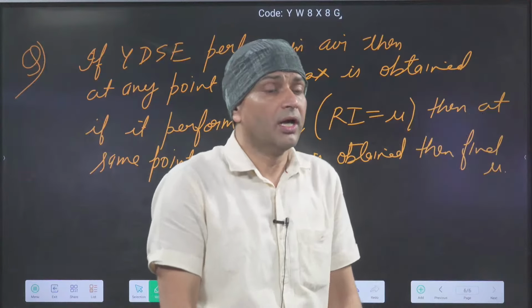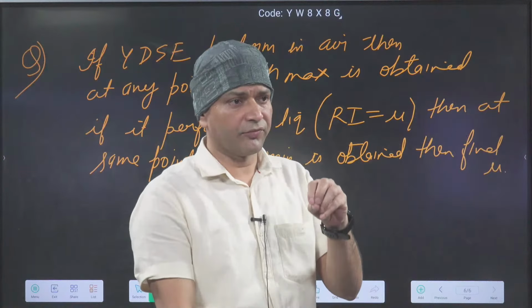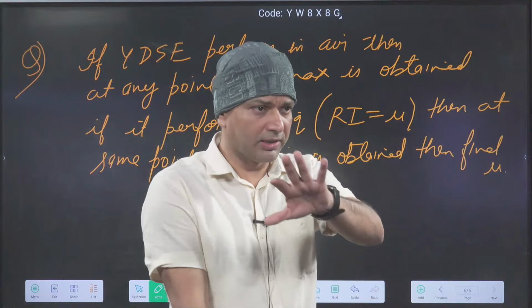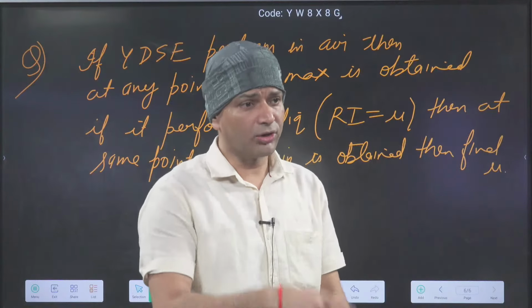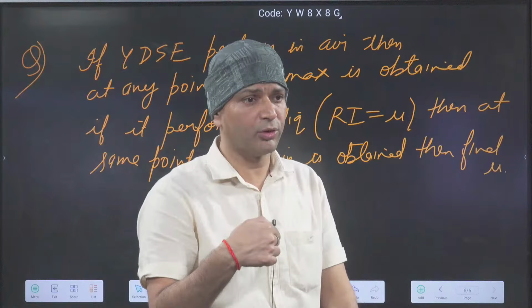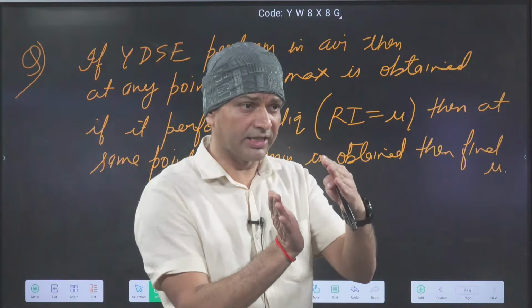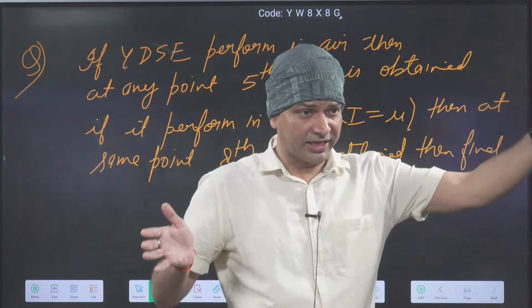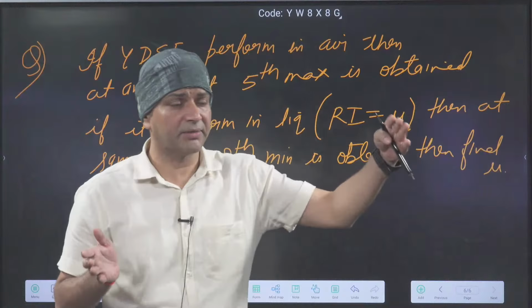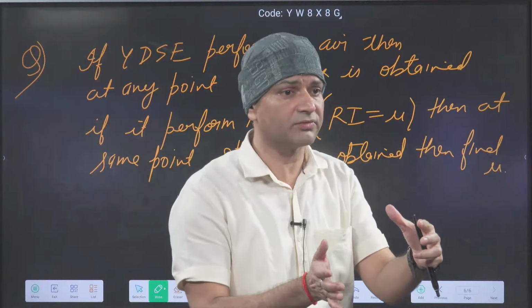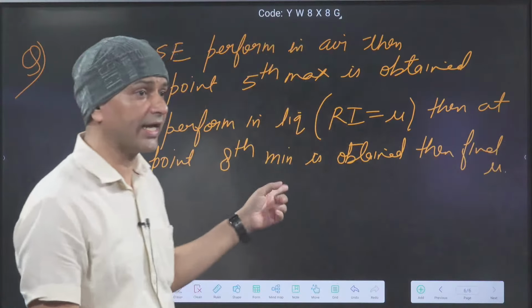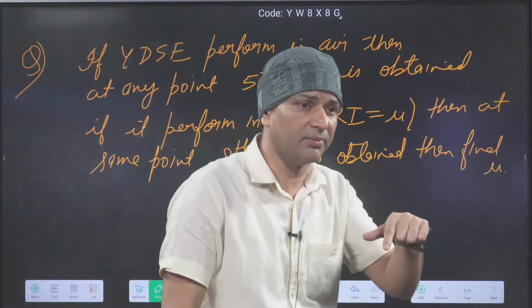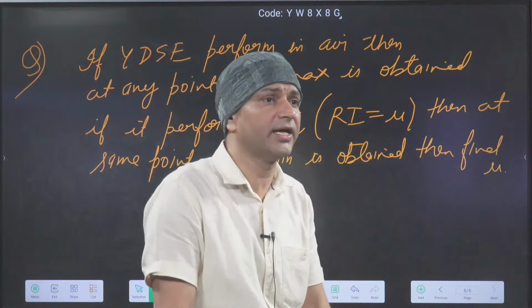Why narrower? Because lambda will decrease, fringe width is directly proportional to lambda if I'm not disturbing the setup. Now in the liquid, lambda will become lambda by mu. Lambda decreases, fringe width decreases, so in the same distance more number of fringes will come. That's why we are getting the eighth minima at the same point.